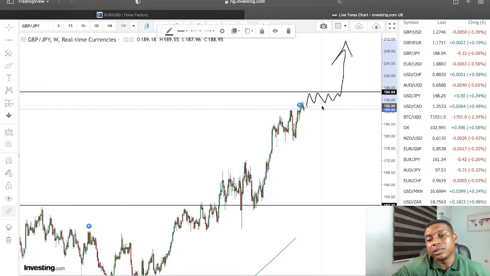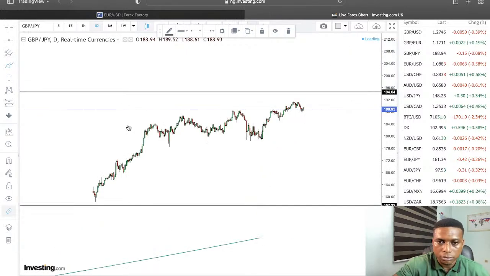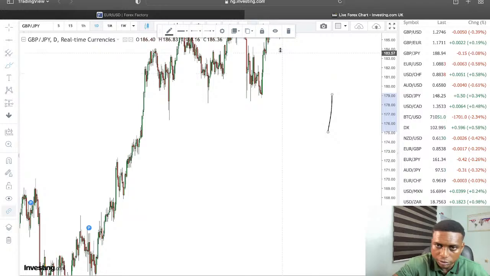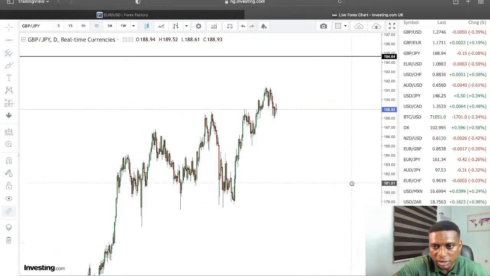So we are looking at something that might last like 3 months, you know. So let's go down to the daily time frame. What can we see on the daily time frame?